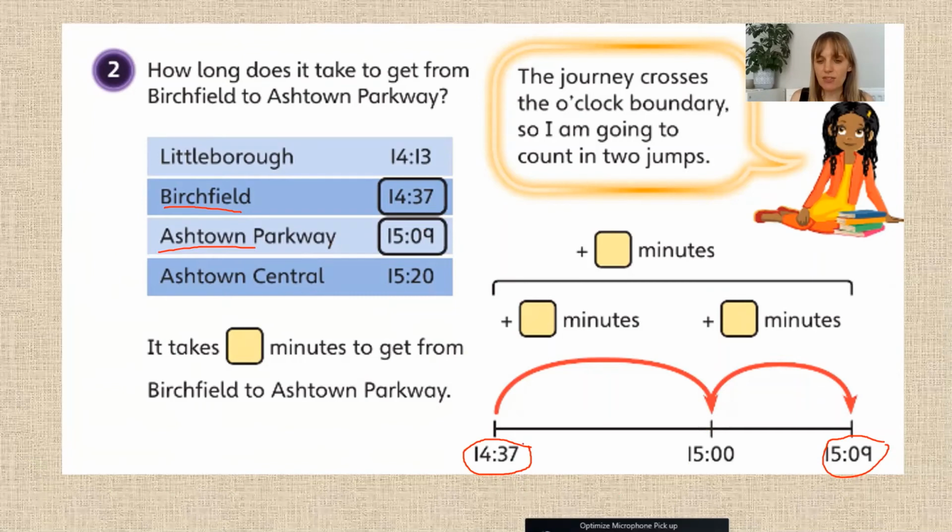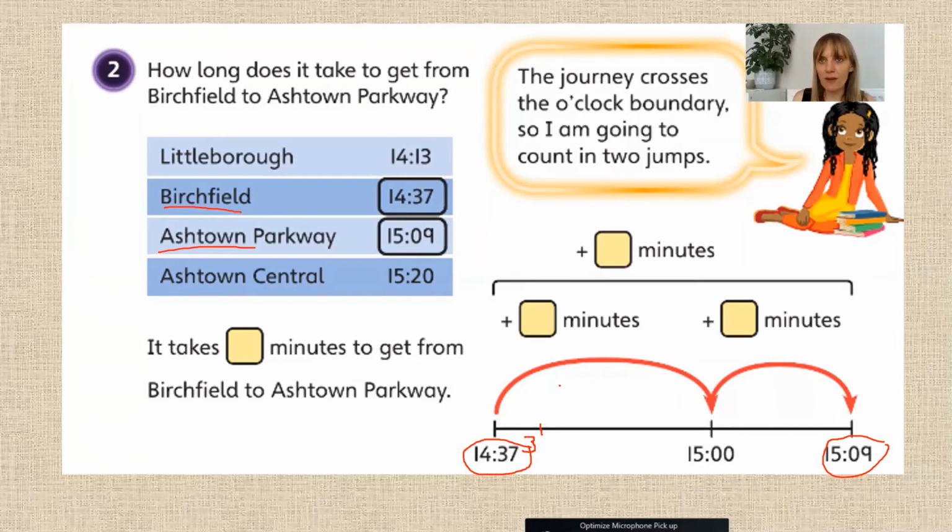So 14:37. In my head, I would think, if I add 3 minutes to 14:37, that takes me to 14:40, doesn't it? And then from 14:40, I can go to 14:50, which is 10 minutes, to 14:60, which is 1500 hours. So that there is 20 minutes.